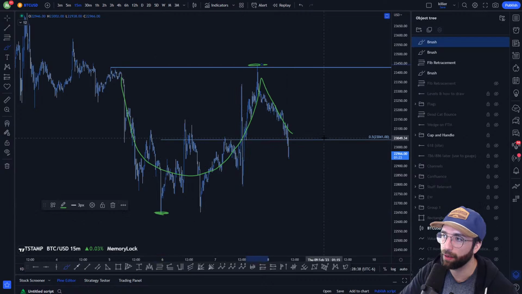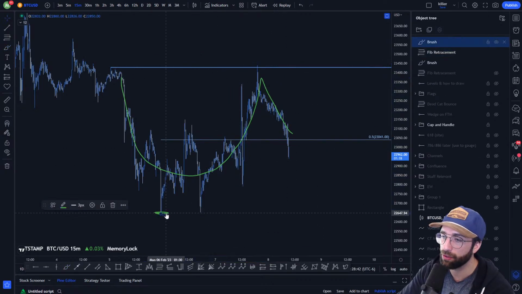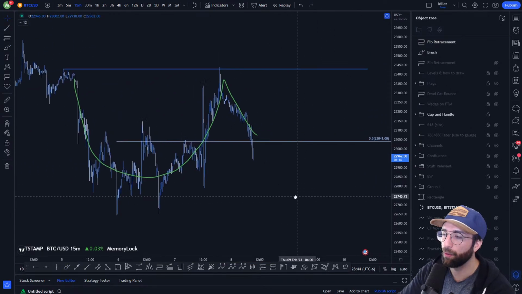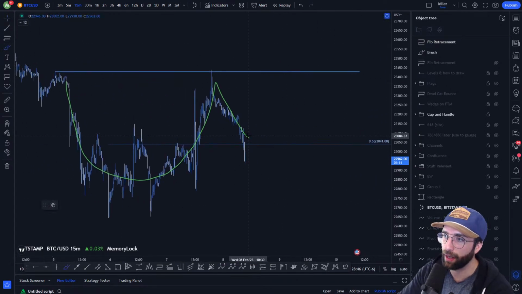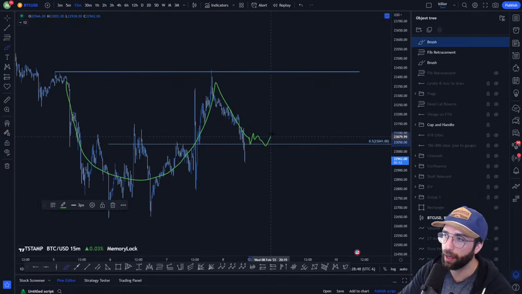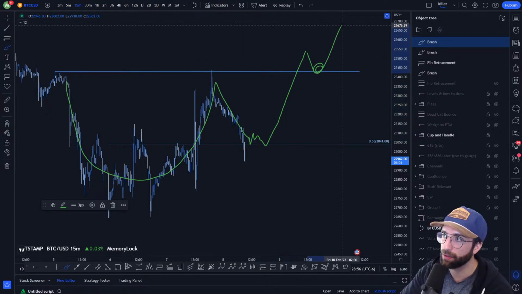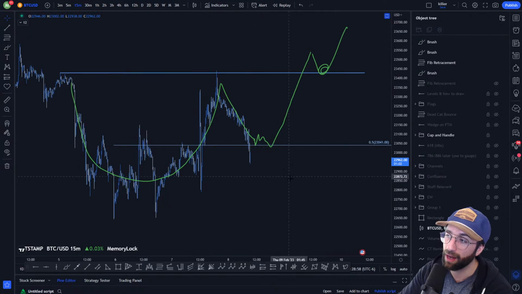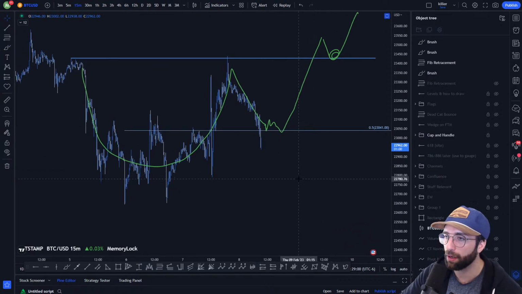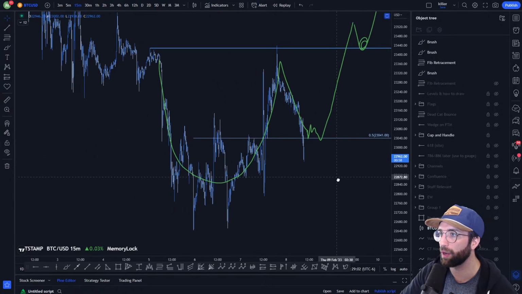The halfway point, the 0.5, is where you would want to see the handle retrace to, right? And in this case, the handle retraces here, and we see some degree of a bounce back to the top of the cup, a backtest, and this is where you would then look for your long, if not at the 0.5. So here, again, this is a really good way for us to know.